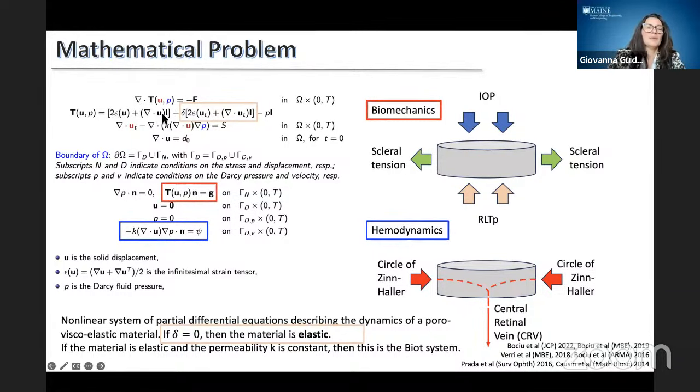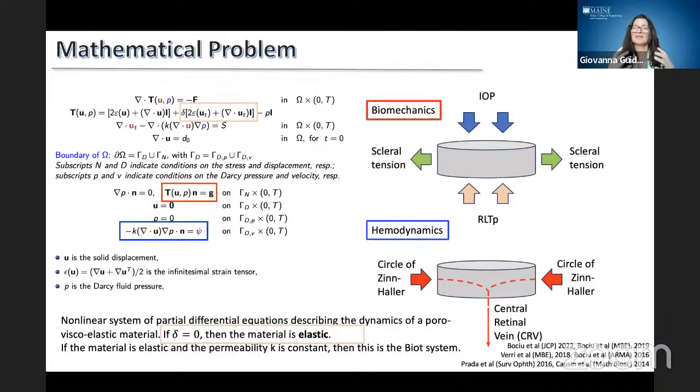This is the typical linearly elastic material. You have here a delta with another term that embodies the viscoelasticity. So if you don't have this delta and all the boundary conditions are zero, then this is kind of the typical BO model. Viscoelasticity is important, as you will see later, also because our tissues are always viscoelastic.